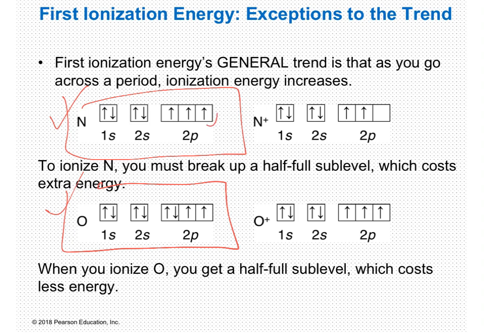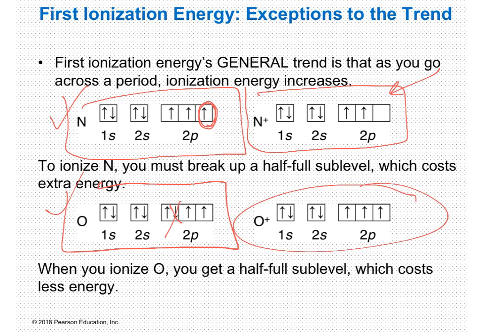All right, so if we remove the outermost electron from nitrogen, we end up with an orbital configuration like this. If we remove one electron from nitrogen, we end up with an electron configuration like this.